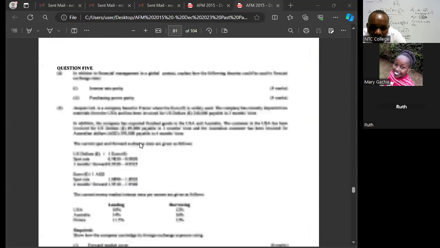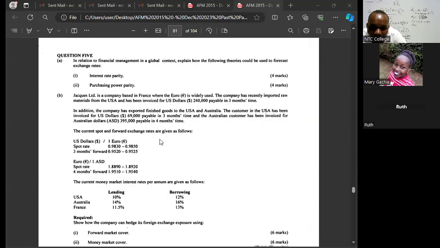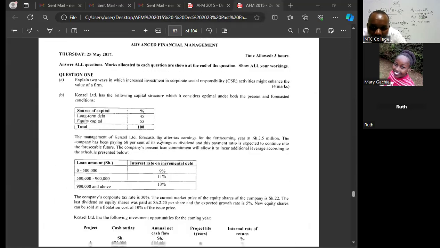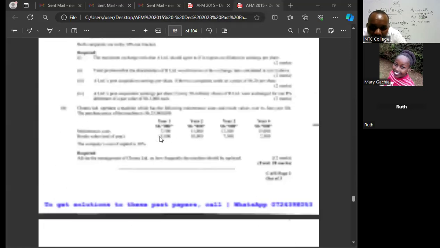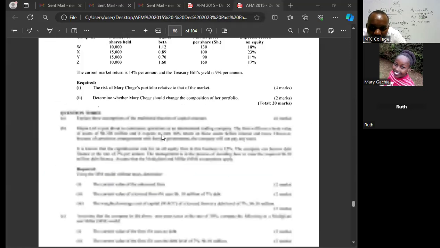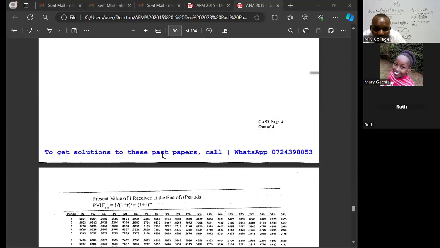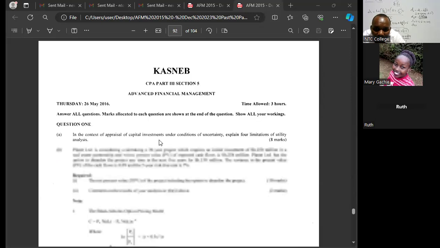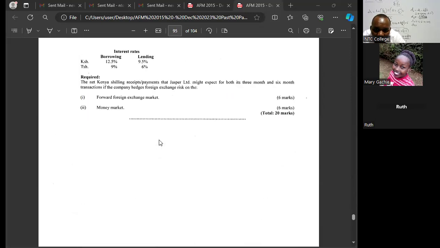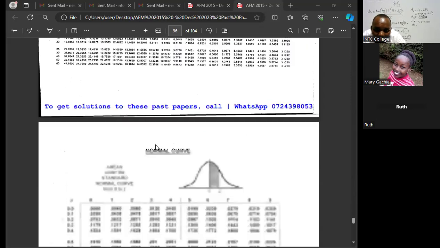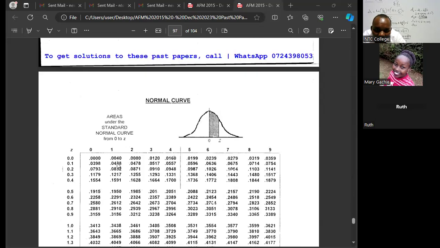Those tables are different. The one they have written one-tailed, this one is a cumulative distribution table. I just need the normal table. Normal distribution table, areas under the standard normal curve.